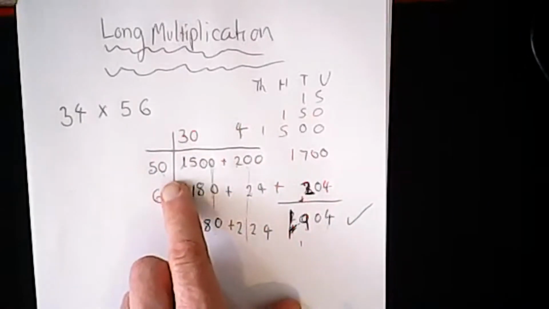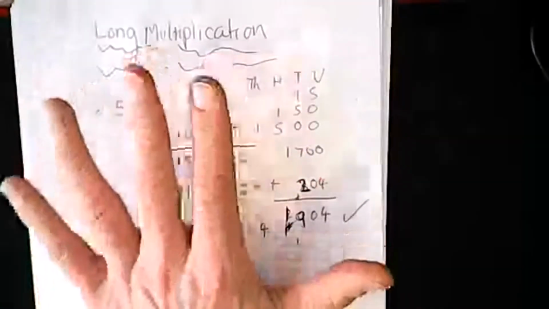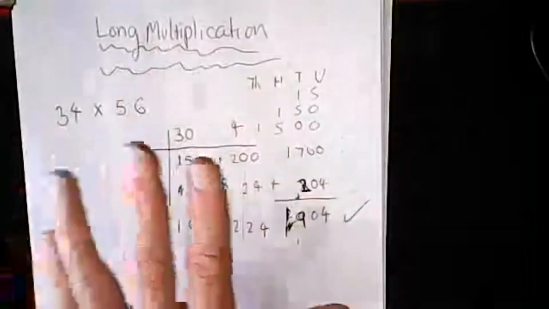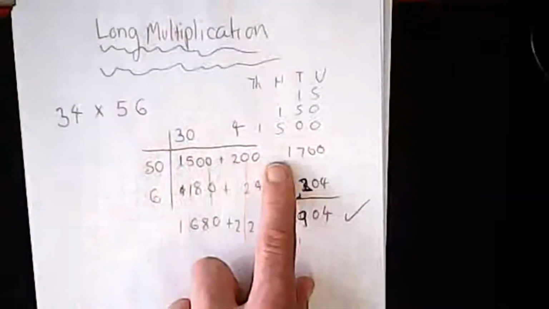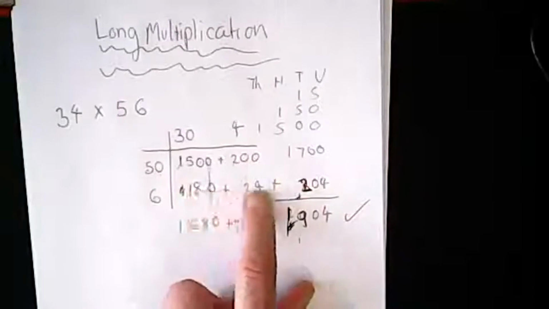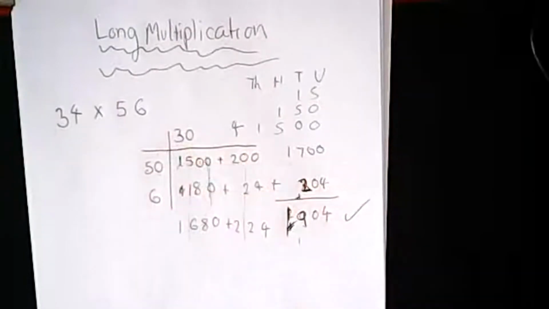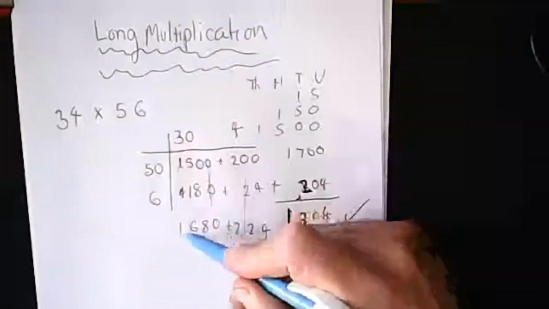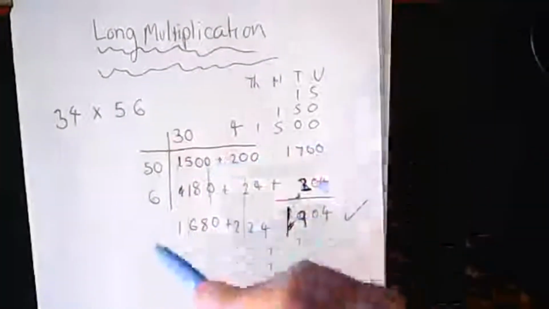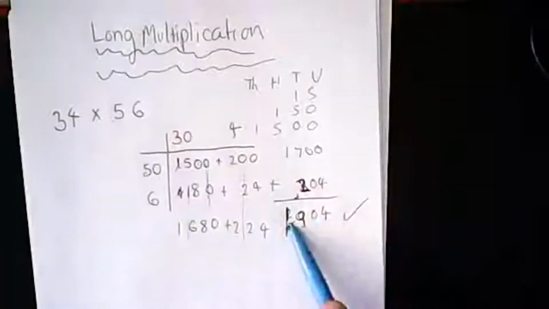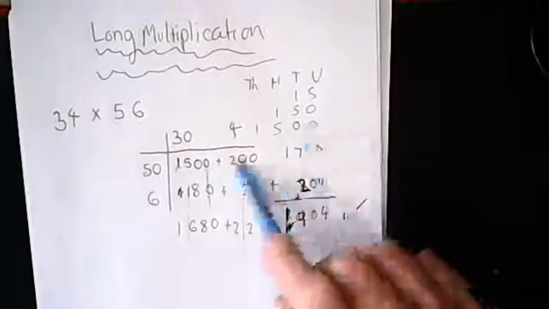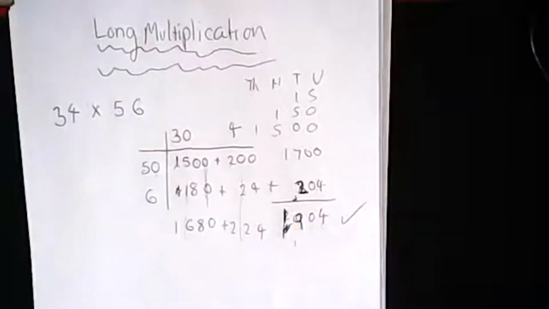The cons of this are that it is quite long-winded. You can see the amount of working out there. We've got to add up across. We've got zeros to think about. Okay, so there's some good points, some bad points. Another really good point is that we've got this adding up across and adding up down, which would have flagged my error up anyway, which is really useful to consider.